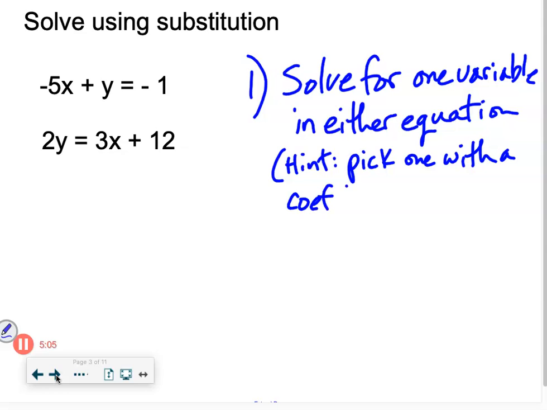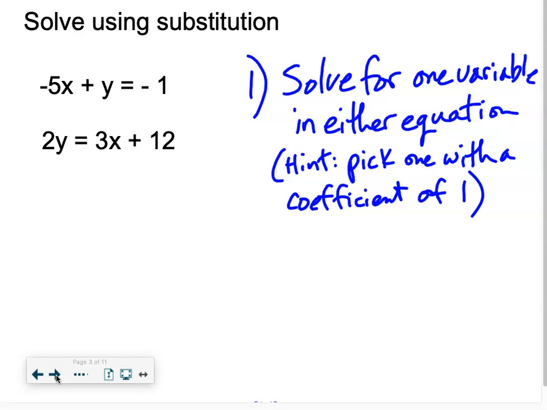Do y'all know what coefficient means? Yeah, the number before the variable. Yes, very good. The number that's being multiplied in front of the variable. Pick one with a coefficient of 1, if there is one. If there is one, pick it.